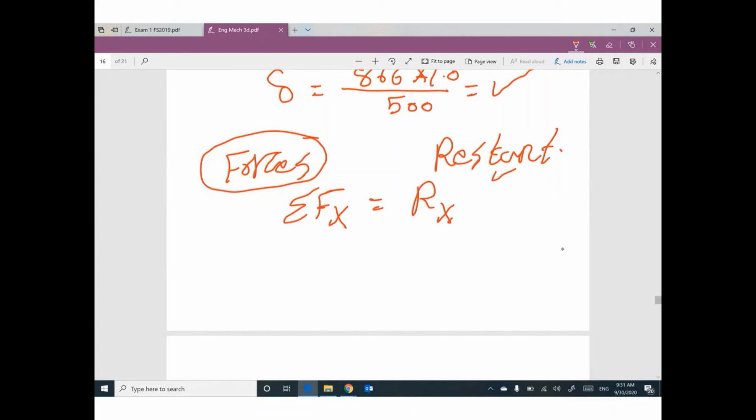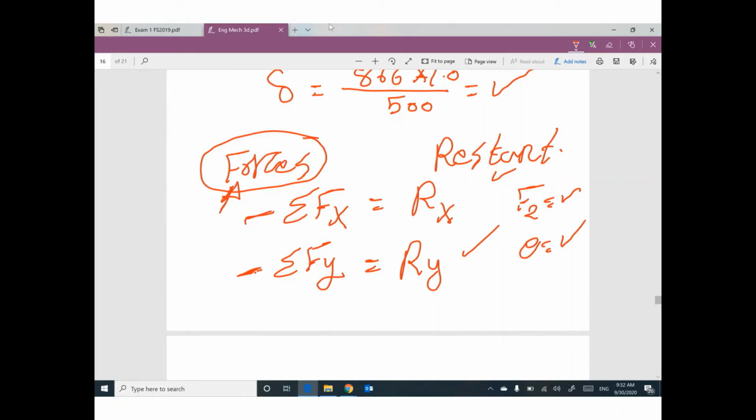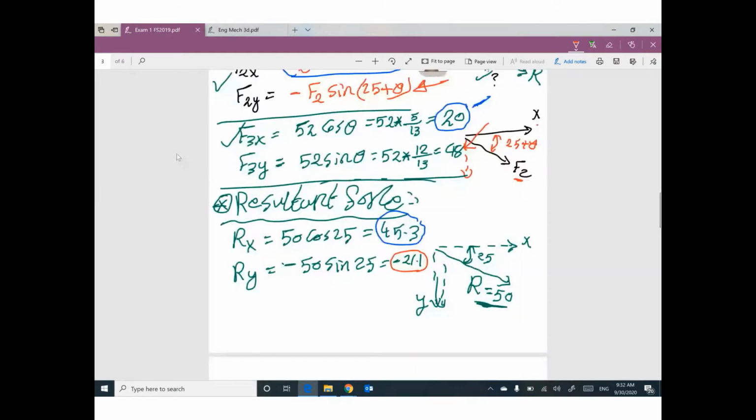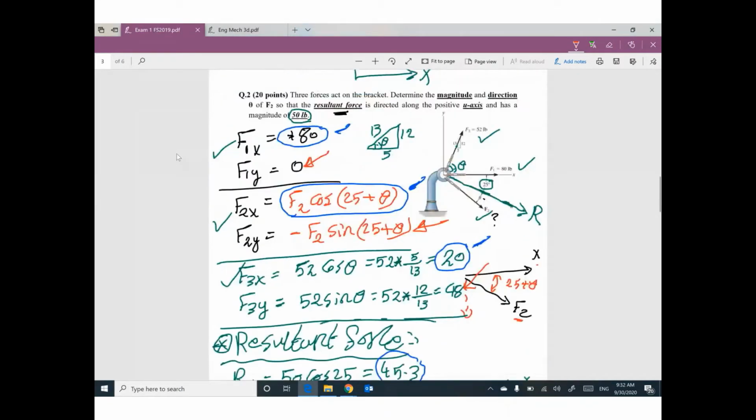Summation of all Y components of these forces equals the Y component of this resultant. I believe I can solve these two equations together to figure out what is the value of F2 and what is the value of angle theta. The problem is looking for the value of theta and the value of F2.